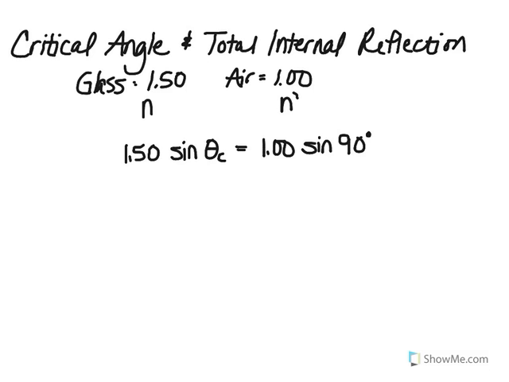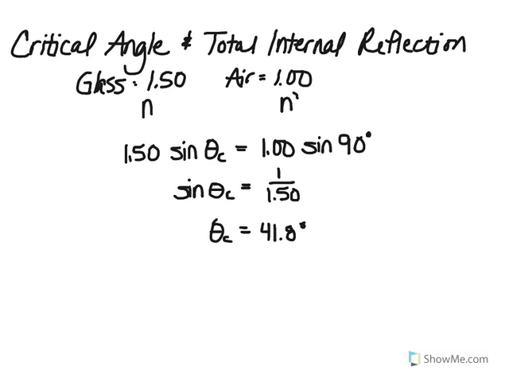The sine of 90 degrees is 1, so this actually comes out to sine of the critical angle equals 1 over 1.50, and you can solve for theta c to find that it is 41.8 degrees.